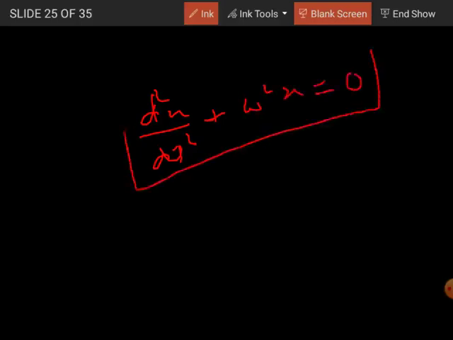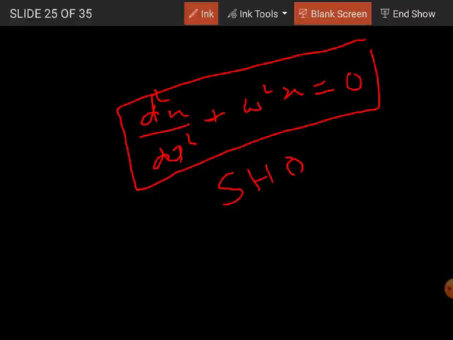This equation is nothing but the equation of simple harmonic oscillation, SHO, simple harmonic motion. The general equation of simple harmonic motion is like this. So this equation is very similar to that equation we have just discussed.